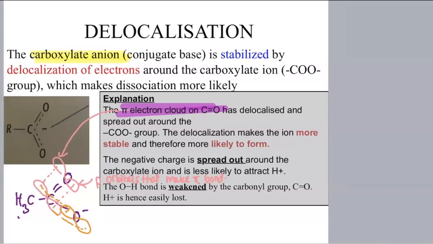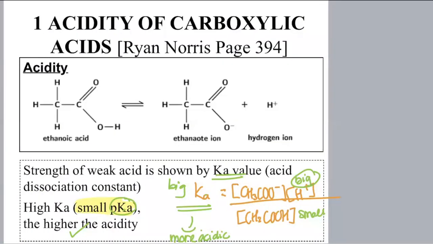Because the negative charge is spread out, it is less likely to attract H plus. Why? If we look at this equation, we draw the negative charge on the oxygen, but actually because of delocalization, the negative charge should be in the middle. Now this negative charge is less concentrated, or we say weak, because it has been spread out to COO.